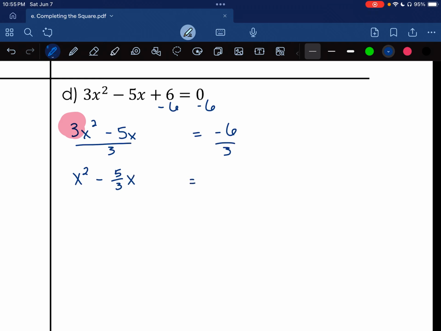All right, well now we have to find b over 2 squared, right? So we're going to have negative 5/3 times a half, and then we're going to square that. So it's going to be 5 over 6 squared, which is 25 over 36. That's our magic c value here that we're going to add to both sides.